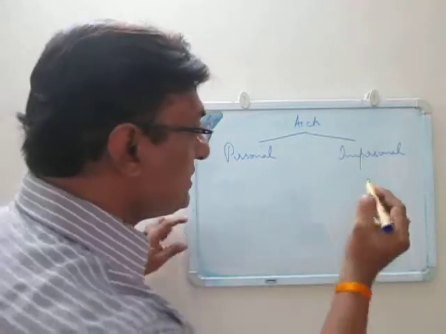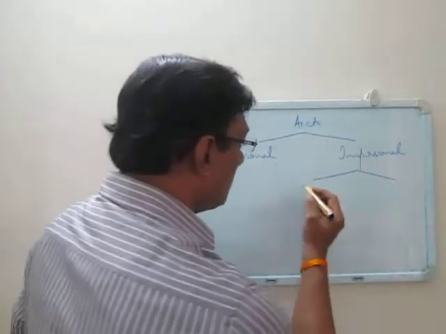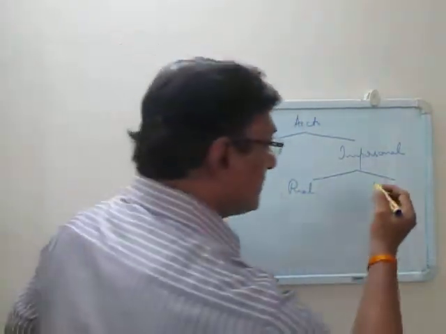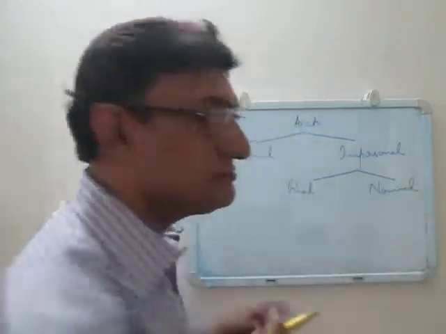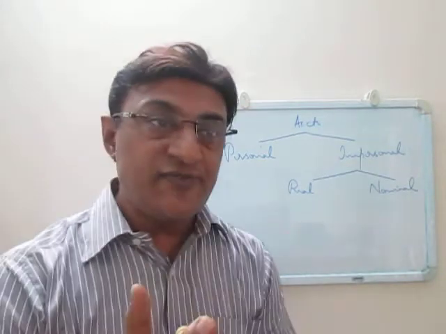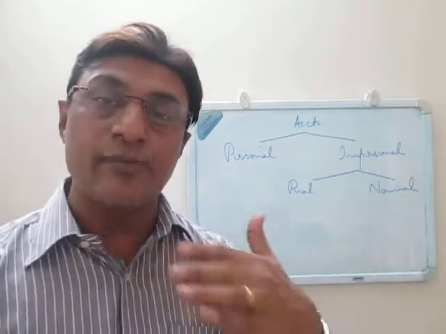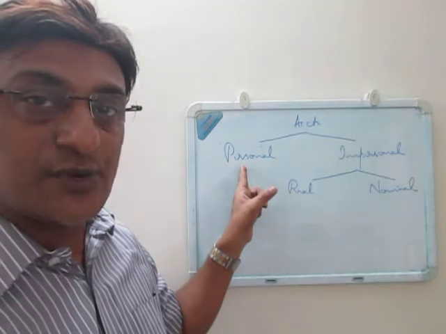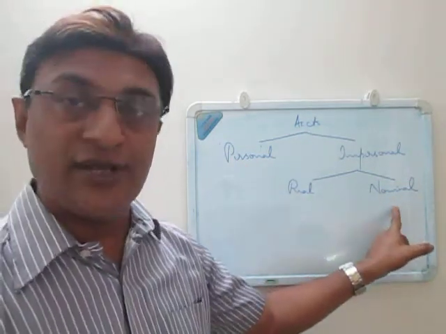So the impersonal accounts are further split into real accounts and nominal accounts. So effectively, in accounting for a business transaction, there are three accounts: personal accounts, real accounts, and nominal accounts.